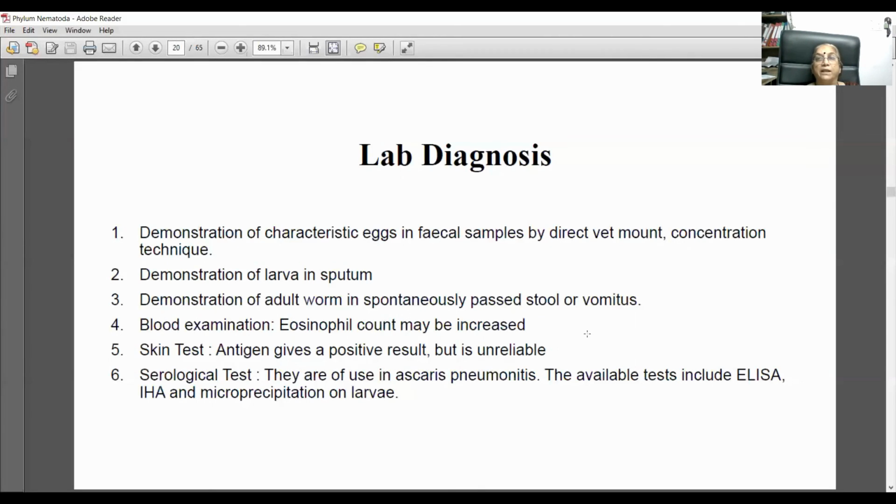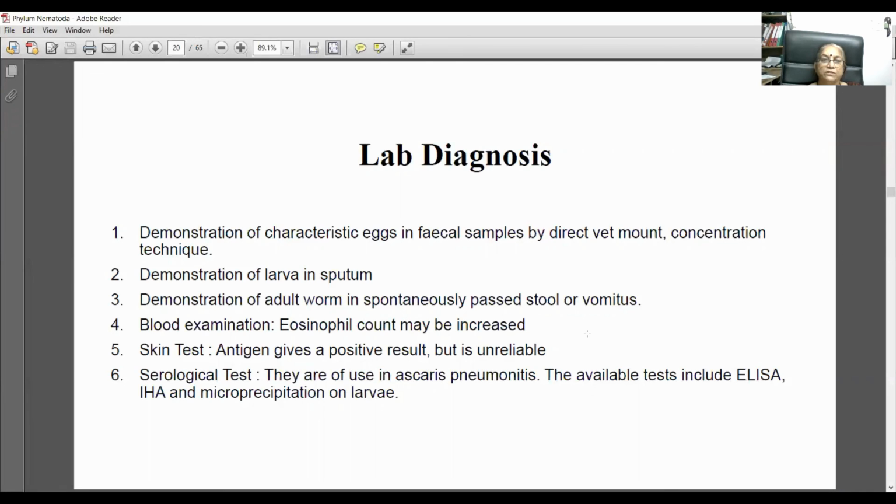If the patient is complaining of blood tingling, sputum is coming out, there's a cough, then you take the sputum sample and look for the larva. Sometimes in the patient's vomitus and freshly passed stools, you can see that the adult worm is there. Even if you give a purgative, it is possible that you can demonstrate the adult worm.